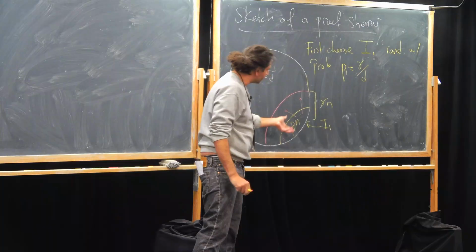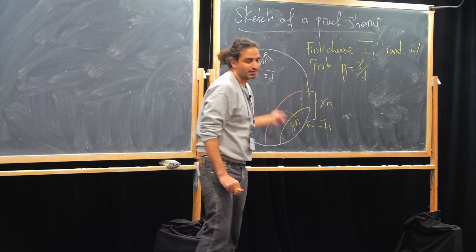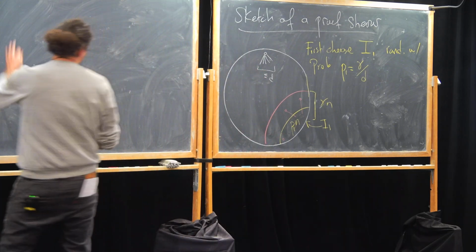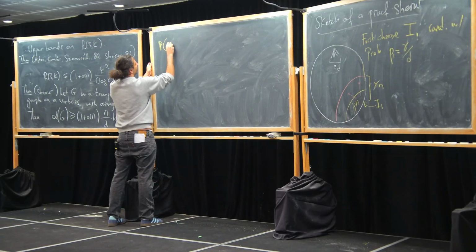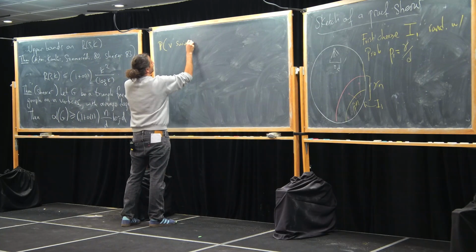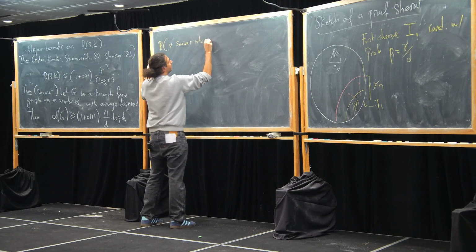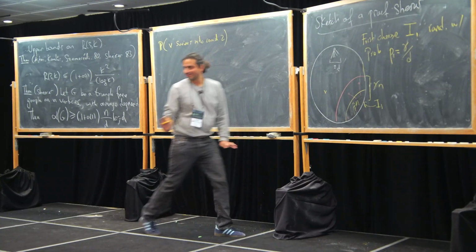The first is just what's the probability that a vertex survives into here? OK, I've already kind of told you the answer, but I want to do it again. So what's the probability some vertex, any vertex, survives into round 2? In other words, it lives here.